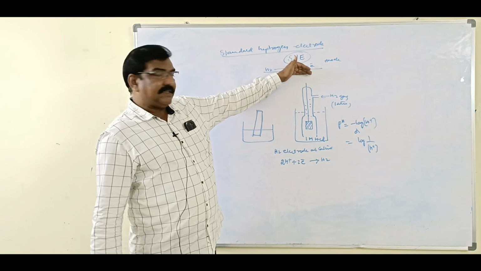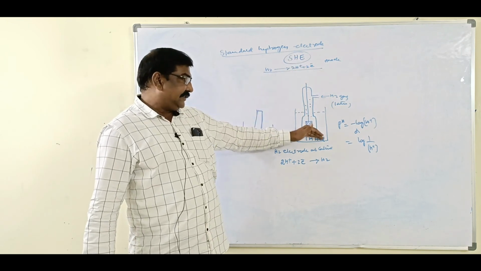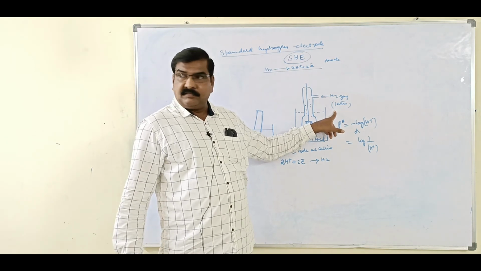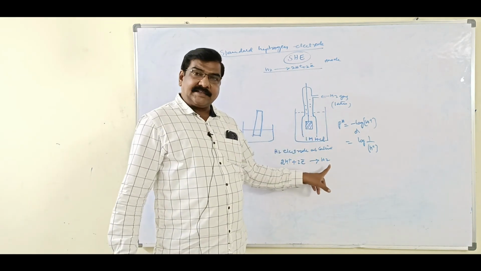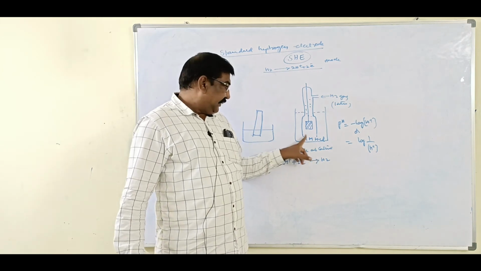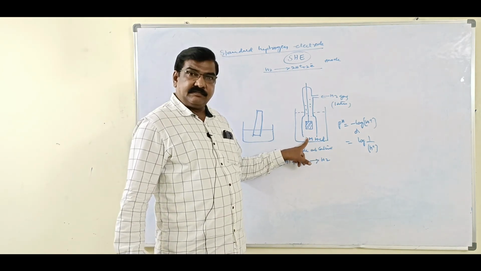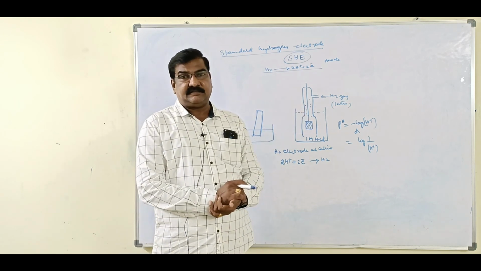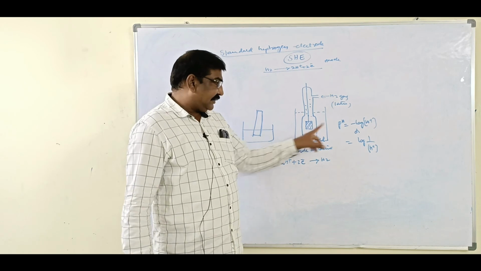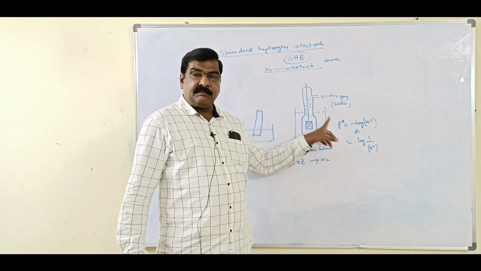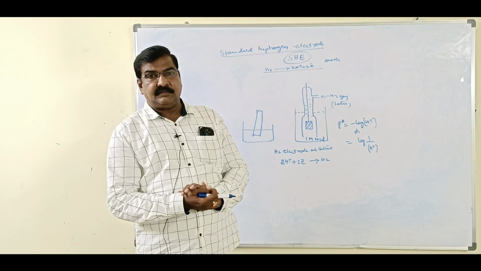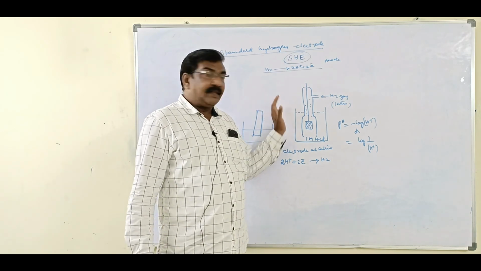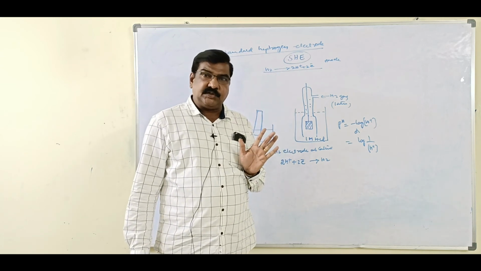When hydrogen electrode acts as a cathode, the H plus ions in solution enter into glass tube as H2 gas. The pressure increases, H plus ion concentration decreases, pH also increases. So this is a hydrogen electrode whose electrode potential is fixed as 0.